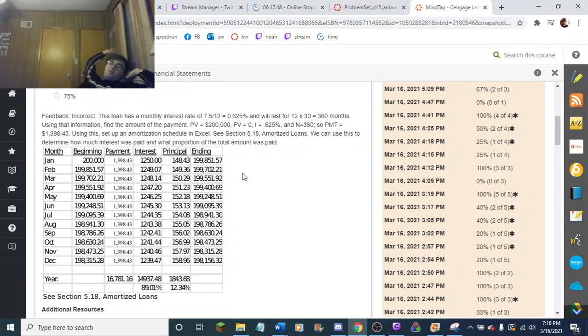But still, you have to add up 12 months. You have to write down 12 separate numbers. Basically, the work you have to do for this question is 12 calculations, then add up every single number, and then you do this number times 12, and then you do this number divided by this number.